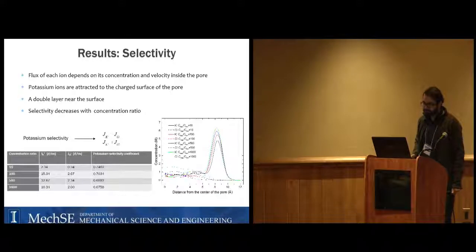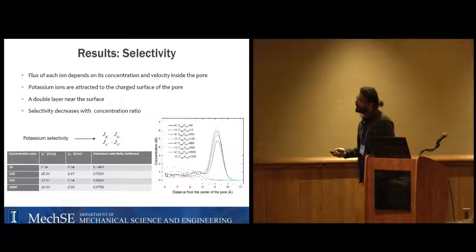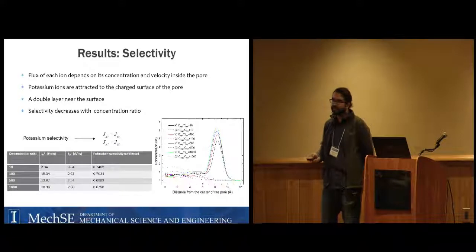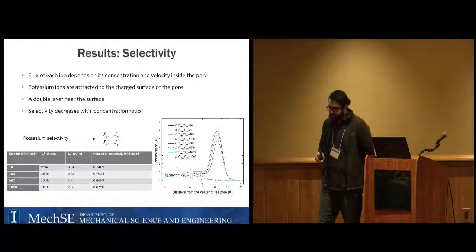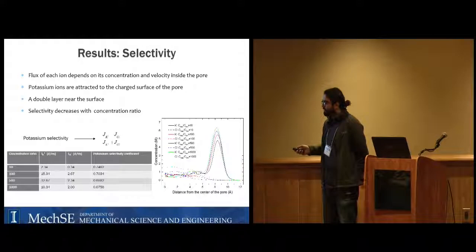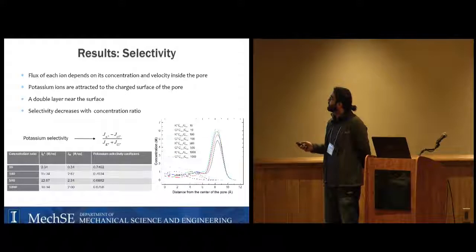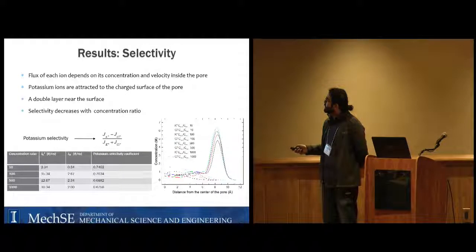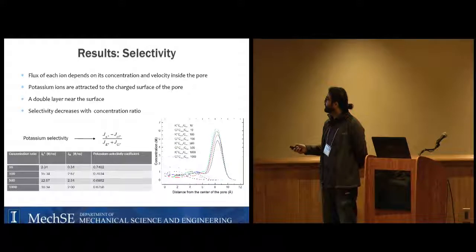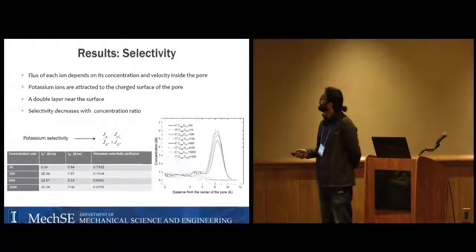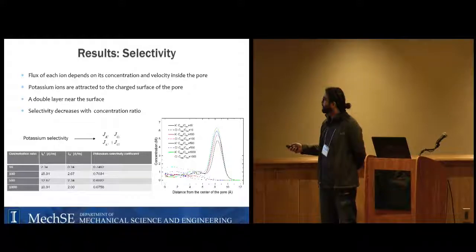The first thing that we looked at was to characterize the selectivity in the system, because in experiment they cannot really go deep into the system, at the nanopore at nanoscale, and confirm that we have some selectivity. So here we define the potassium selectivity in this expression, where we have the flux of potassium and the flux of chloride.